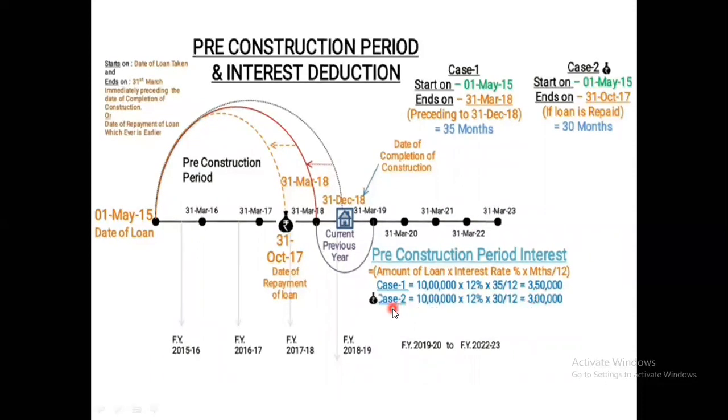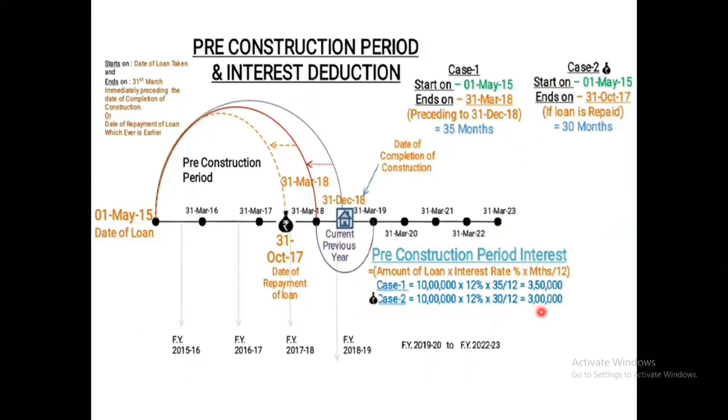Under case 2, you can see that the loan amount is 10 lakhs and the interest rate is again 12%. However, the pre-construction period under case 2 is 30 months, whereas for case 1 it was 35 months. Therefore, you can see the corresponding values for pre-construction period interest under case 1 and case 2 as 3,50,000 and 3 lakhs respectively.